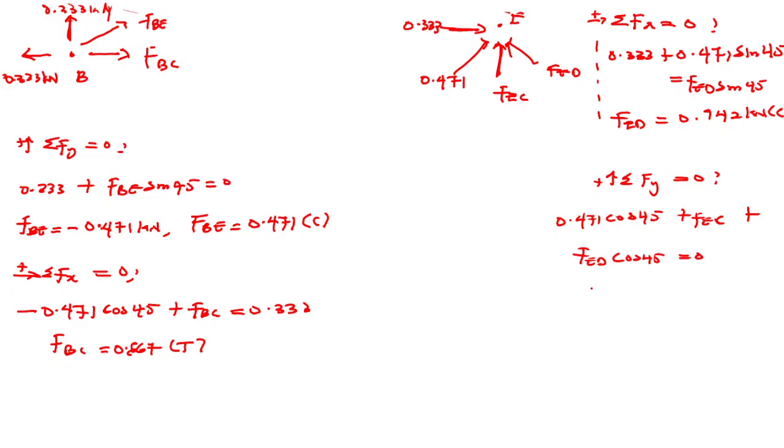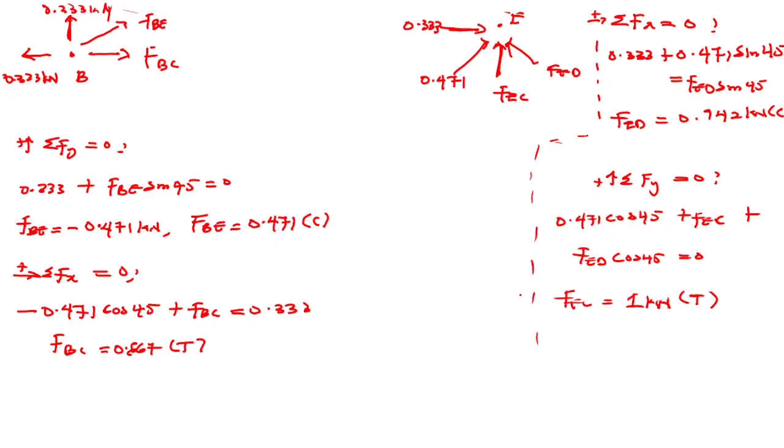Solving this, you will get FEC to be equal to approximately 1 kilonewton in tension. Okay, which means it's negative. So when you revert the direction, it becomes tension.